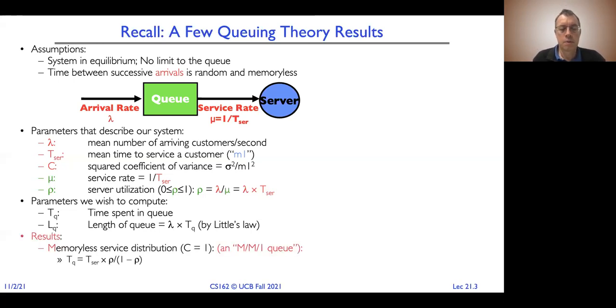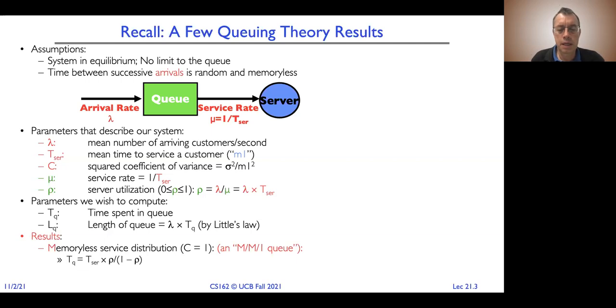And these are some of the results we went over last time. So again, this is a recap, which may help you for tomorrow's midterm. And TQ is for M/M/1 queue, which, remember, is one of the simplest queues out there. It means that it has one server. The first M refers to the distribution of the arrival rate.